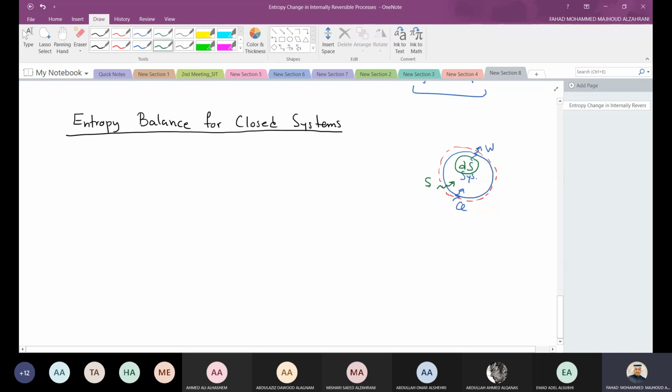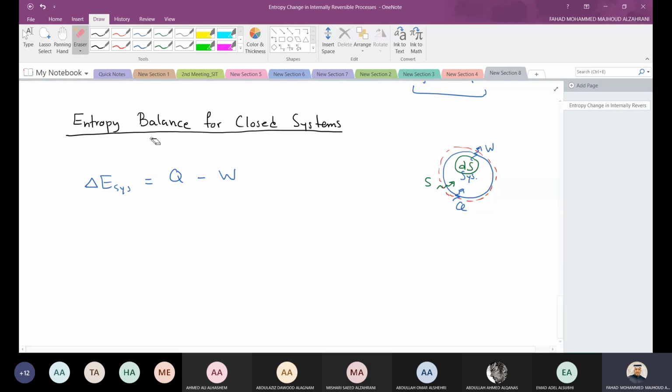So we have entropy transfer, and then internal entropy generation. Before going there, let me remind you about the energy balance. What did we say? The change of the energy of the system equals Q, which is energy transfer into the system, minus W, which is energy transfer out of the system.